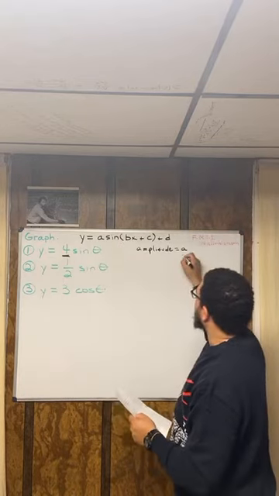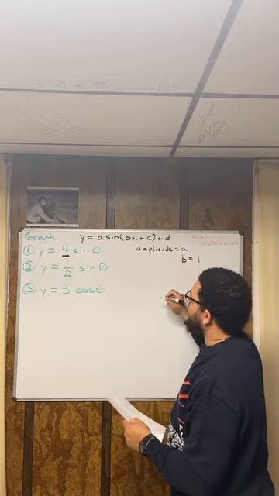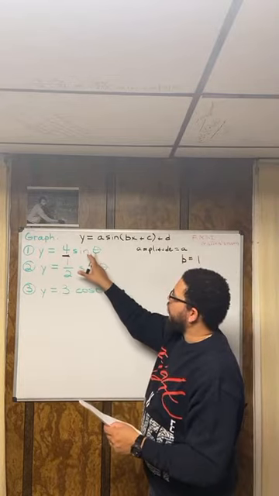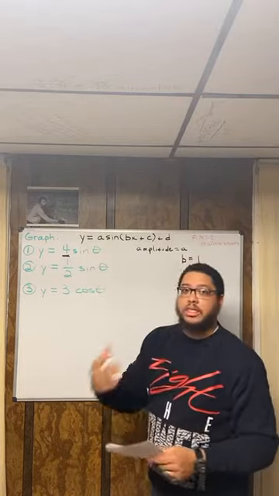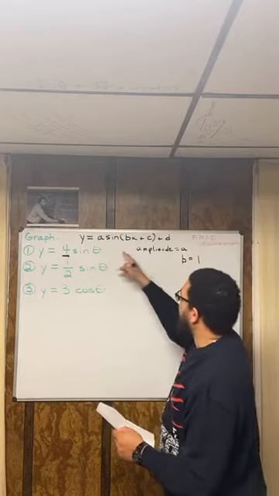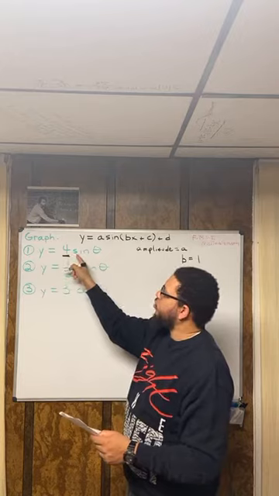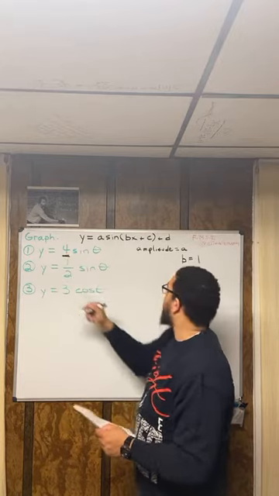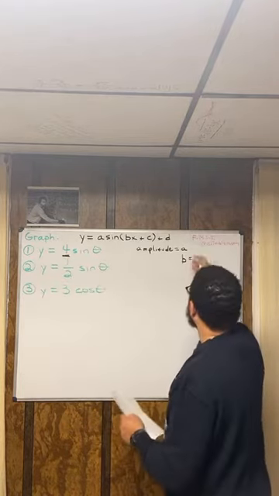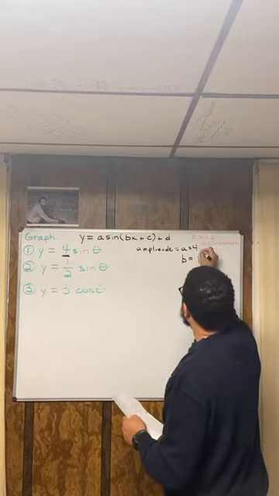So in this case, we would say B is 1, because if there's no number written in front of theta, then it's understood to be 1, all right? Now, A could be considered as the coefficient of the trig ratio, in this case 4, and that's the amplitude. So we're going to say A is 4.